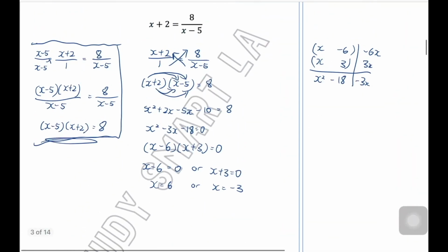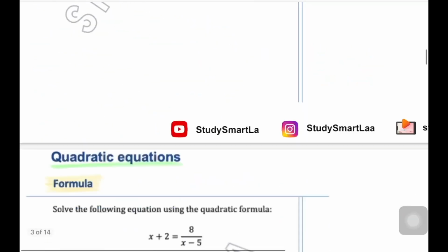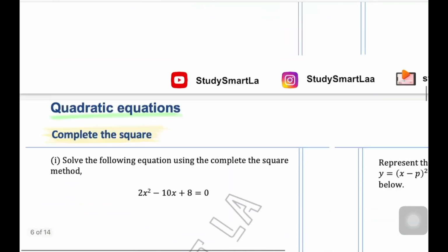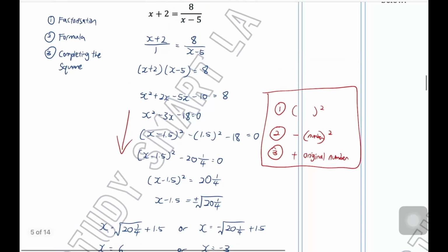When I did factorization, I get x equals 6, x equals negative 3. So to show you that it's consistent, when I solve using completing the square, my x value is 6 and my x value is negative 3 as well. So far, these are the 3 ways that you have learned to solve your quadratic equation.